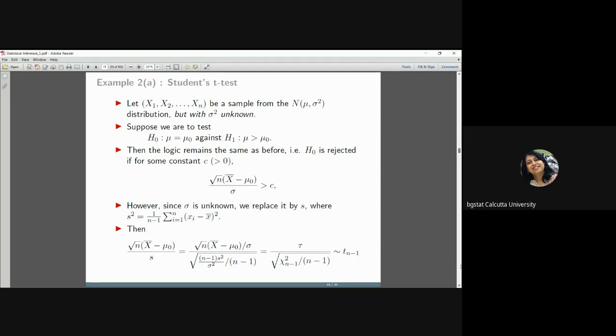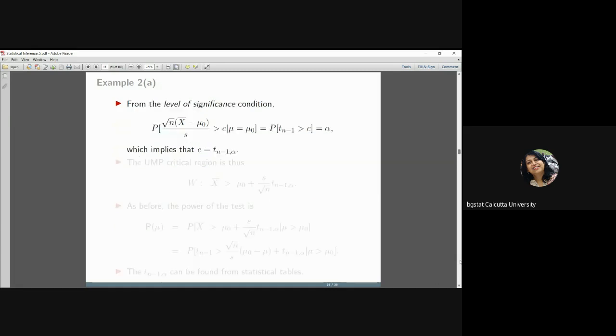So go back and look at the slides on sampling distribution to see this. And it follows that if the null is true, this follows a t distribution with n minus 1 degrees of freedom. So we can use the tables of the t distribution to find the cutoff.